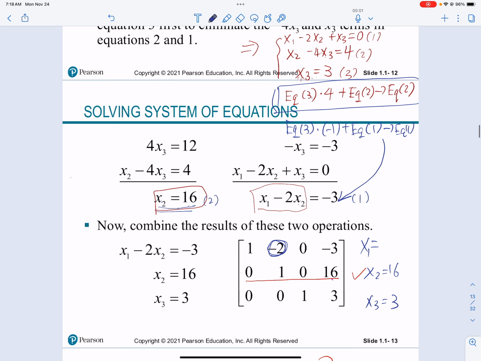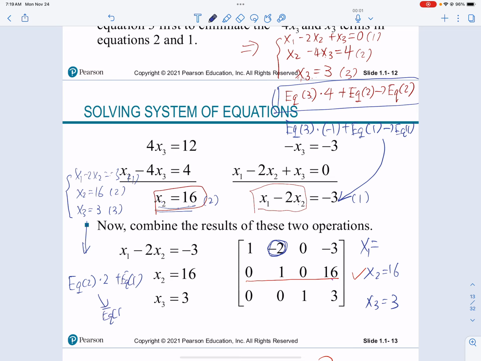So remember, this is x1 minus 2x2 equals negative 3, x2 equal to 16, x3 equal to 3. Are you with me? So now how could we get rid of x2? We wanted equation 2 times 2 plus equation 1 go to equation 1. Are you with me? This means substitution. Are you guys with me?